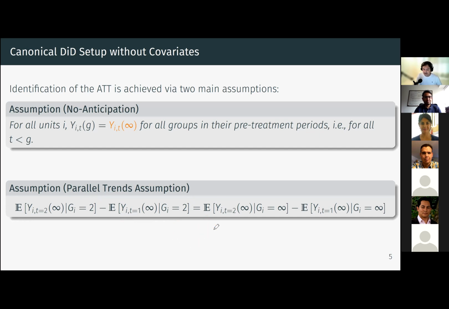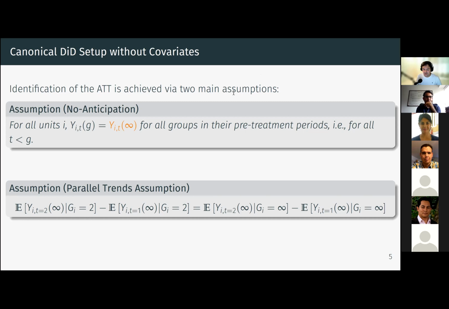So once I have that, everything on the right-hand side is estimable from the data, because among untreated units, I always observe untreated potential outcomes, right? And by the non-anticipation assumption, this guy here, I can put the 2 inside. There is no big deal with this. So that's going to allow us to impute expected values of untreated outcome in period 2 among treated units. And that's going to solve the identification challenge, right?